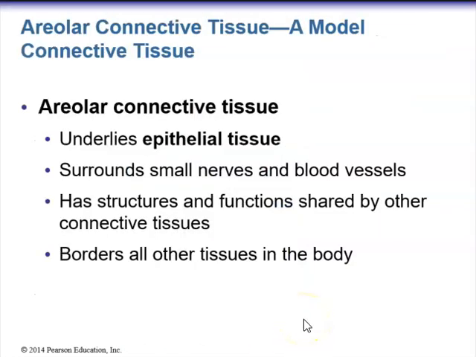So again, areolar connective tissue is the model tissue type. It underlies epithelial tissue, surrounds small nerves and blood vessels, and has structures and functions that are shared by other connective tissues. It borders all other tissues in the body.